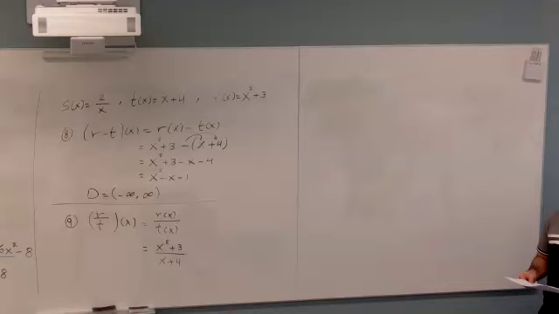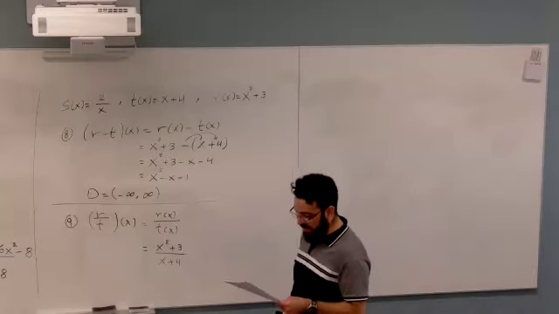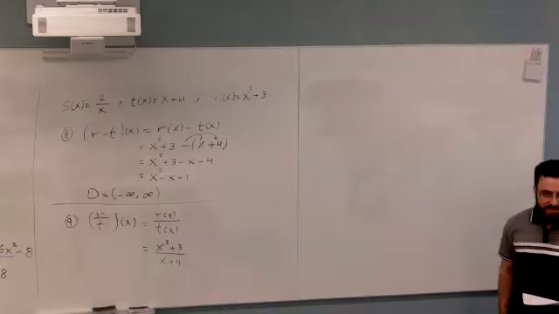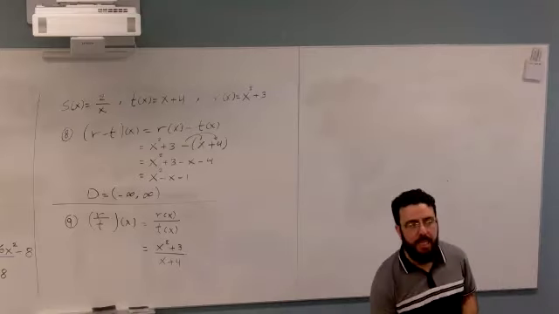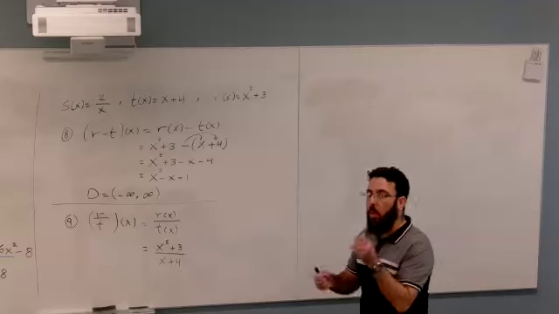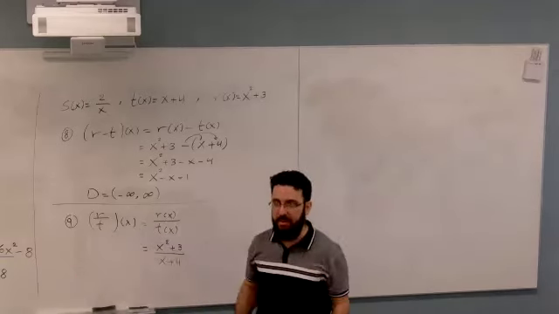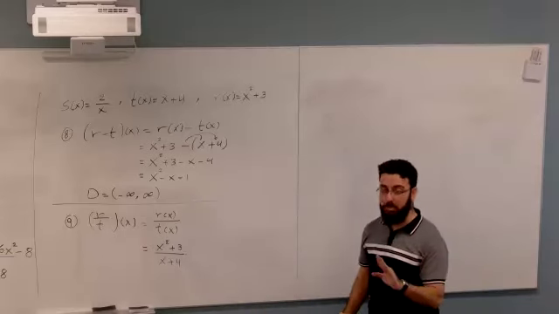The question, what's the domain? What's the domain if we have a rational? This is a rational, right? What's the meaning of domain? It means all the available numbers I can plug in. I can plug in all the numbers except what?